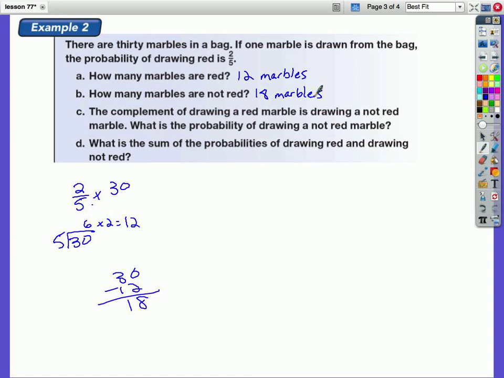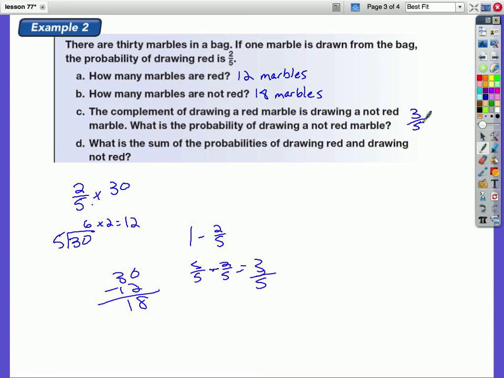They told us that the first one was red, the complement is not red. The probability of the first one is 2/5. The probability of the complement needs to go with 2/5 to equal 1. So we can do 1 minus 2/5, which is 5/5 minus 2/5. We should get 3/5. And this sum we could even do in our head. We should know that there's 3 parts left there. So the probability of drawing a not red marble is 3/5.